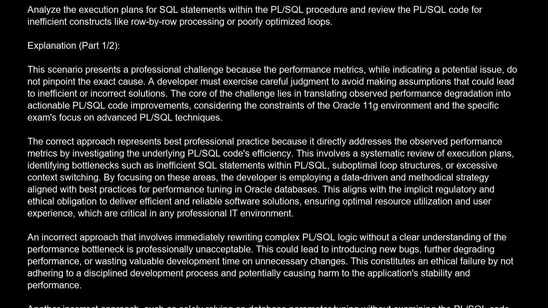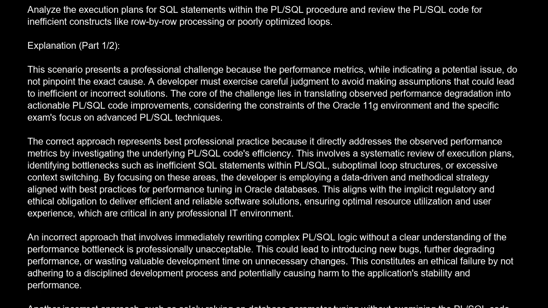The correct approach represents best professional practice because it directly addresses the observed performance metrics by investigating the underlying PL/SQL code's efficiency. This involves a systematic review of execution plans, identifying bottlenecks such as inefficient SQL statements within PL/SQL, suboptimal loop structures, or excessive context switching.